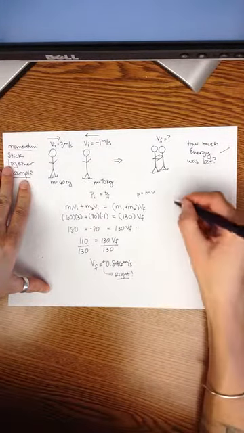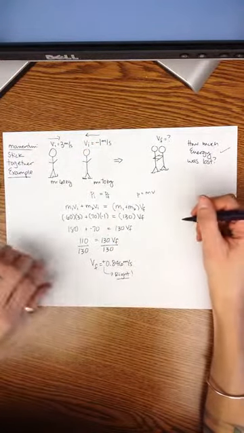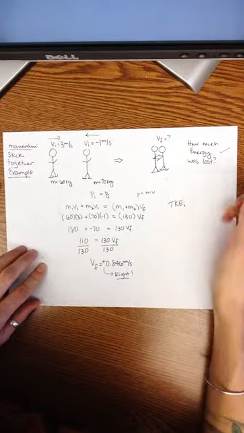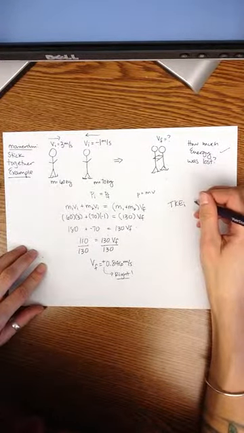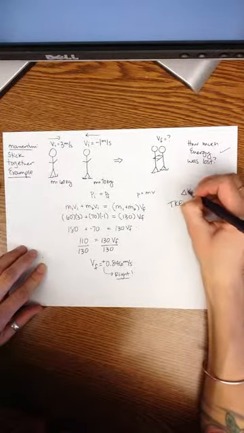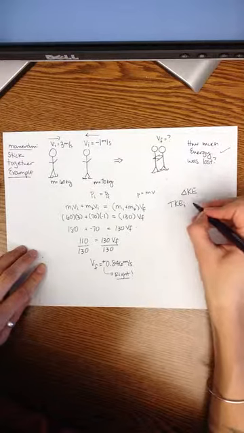So in that case, I'm going to look at my change in kinetic energy from the initial side to the final side. So I'm going to look at the total kinetic energy initially, and then I'm going to compare it to the total kinetic energy at the end. So I'm looking for a delta KE. Okay, so let's calculate the total kinetic energy initially.